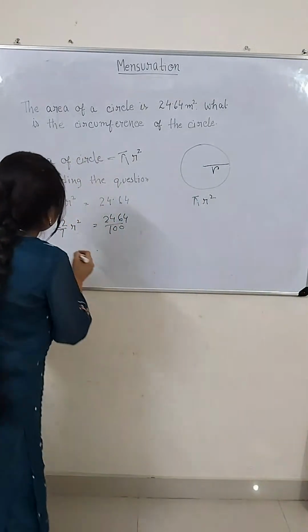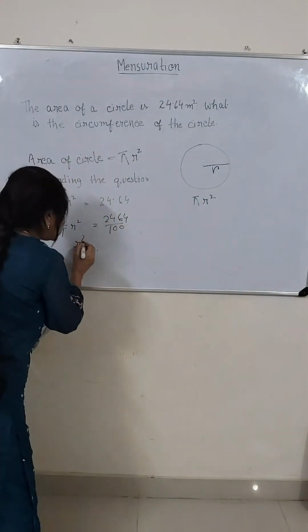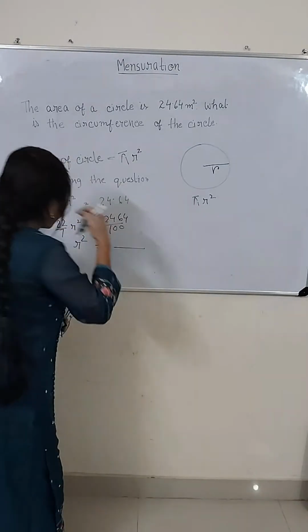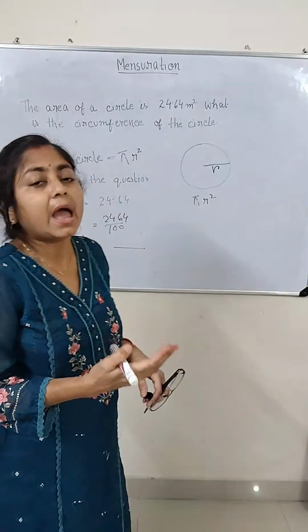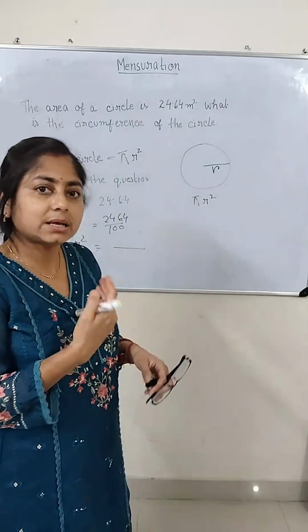Repeatedly. So now I find out the r square. I shift the pi, and in that case I change the sign.